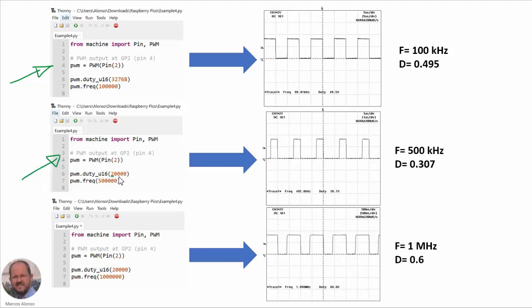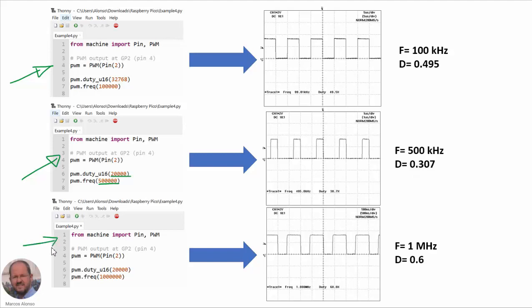In this case here we are giving the value of 20,000 for the duty cycle and 500 kHz output. So here this is the resulting waveforms that I have obtained in the scope. The frequency measured is 500 kHz and the duty cycle is around 0.31.